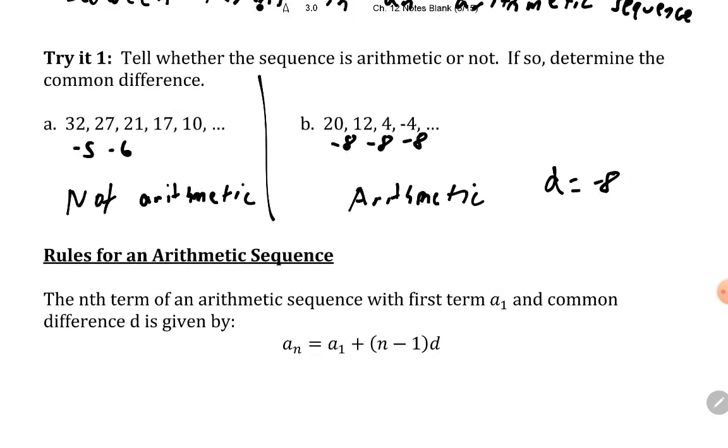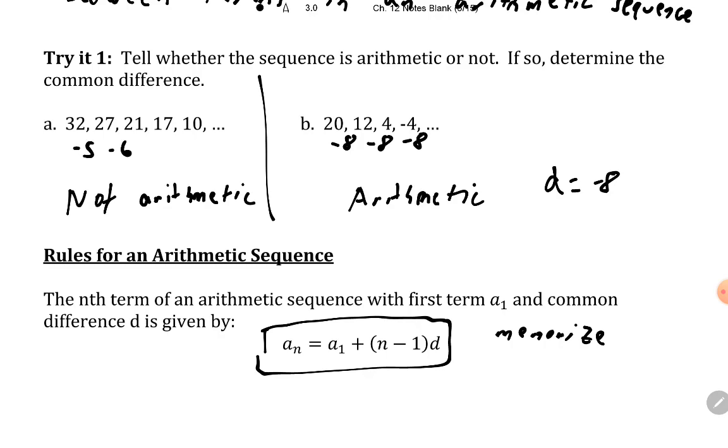And anything that is an arithmetic sequence follows this rule, and this is something you need to memorize. Every time you run into these, it makes it a lot easier to figure out this equation.